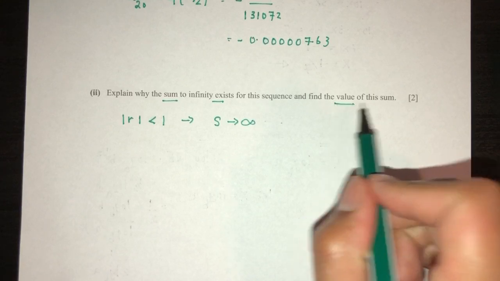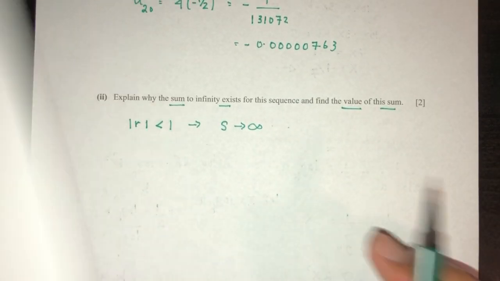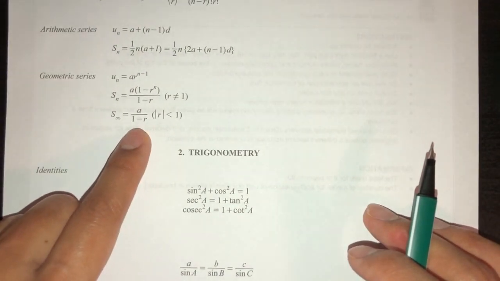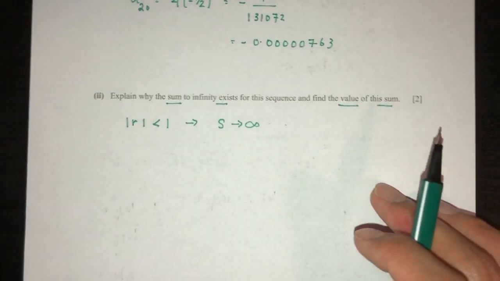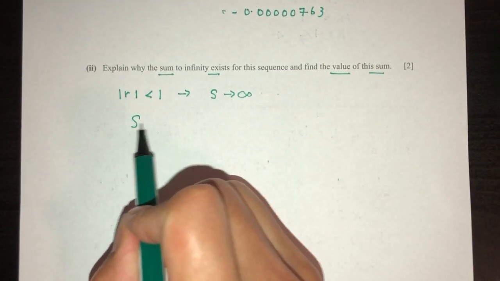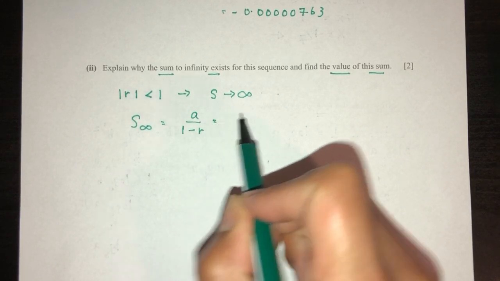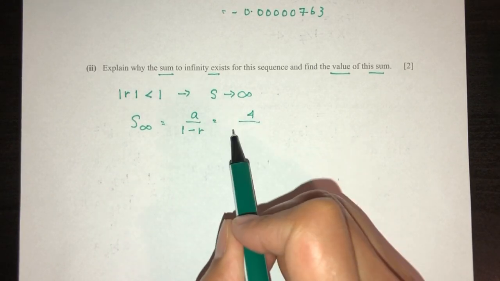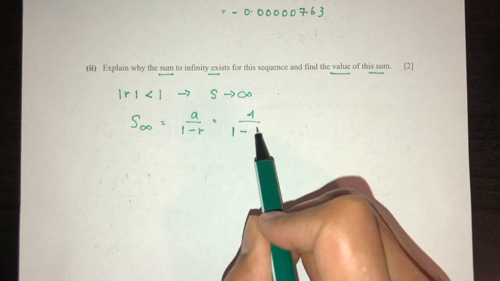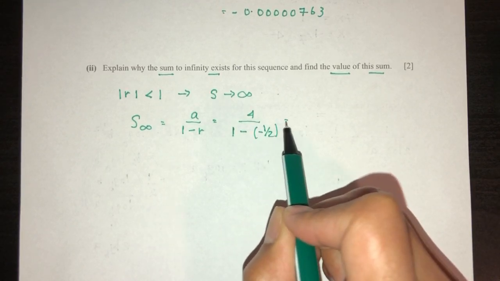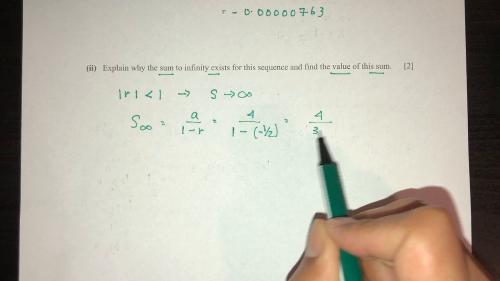Now find the value of this term. So going back to your page, the sum to infinity is a over 1 minus r. A is given by 4, and 1 minus r is 1 minus -1/2, that should be 3 over 2.